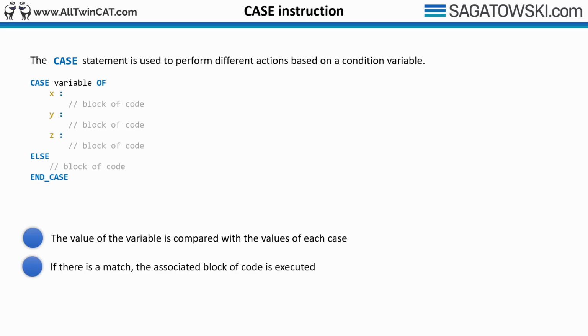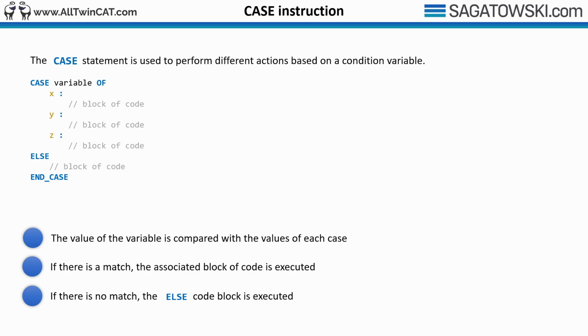If there is a match, the associated block of code is executed. In the above example, it's the comment block of code that is executed for every constant variable x, y, and z. If there is no match, the else code block is executed. The else statement is optional.